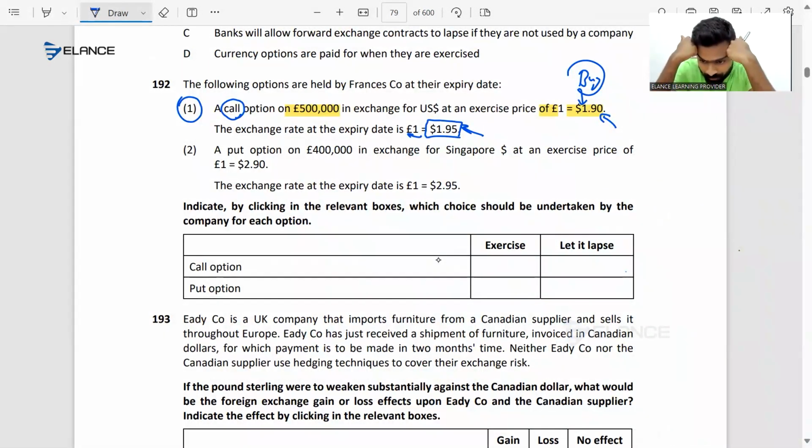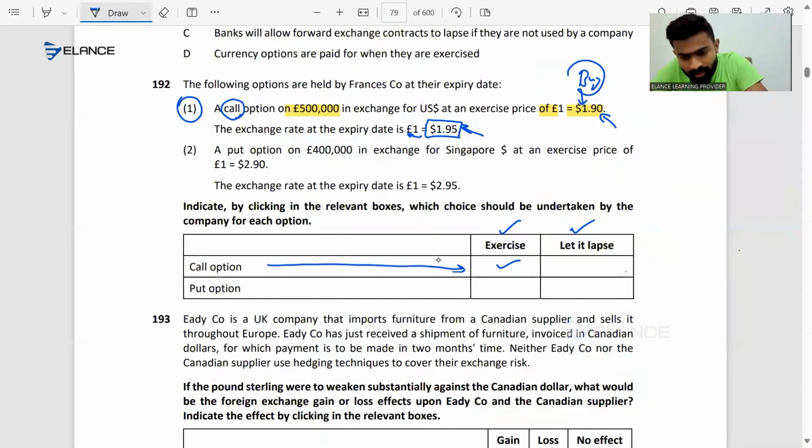Buying at 1.9 is better. In order to buy at the exercise price, you need to exercise the contract. So the answer is call option.